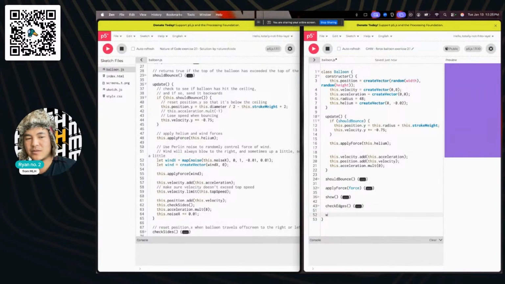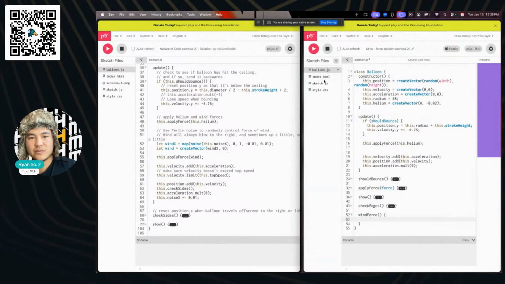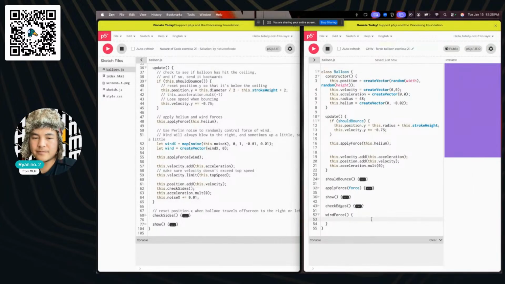Let's just call this wind force. Or I guess this dot wind. Sure, we'll just call it wind force for now. Okay, so let's see. Did we already remove all of that? Yes, of course we did. So what we did previously was we had wind x equal to, we'll go ahead and copy over what the author of this did.